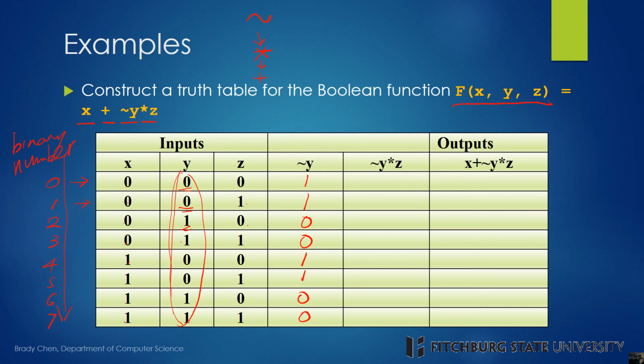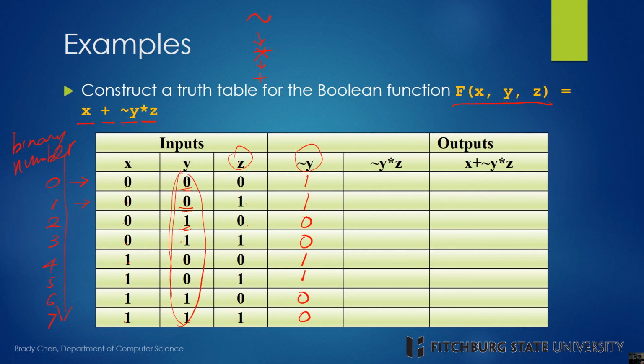And then the next operator we're going to work on is the AND. So it's not y and z. Now we have not y here and z is here. Then we perform the AND operation between not y and z.